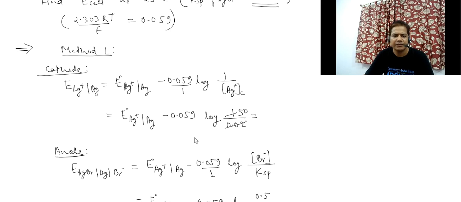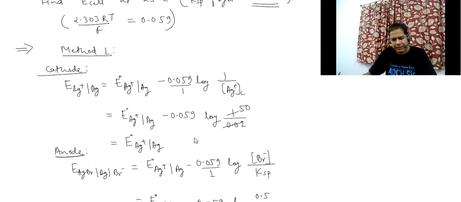Log 10 is 1, log 5 is approximately 0.7. This comes out to be equal to E naught of Ag plus 2Ag minus 0.059 log 50.